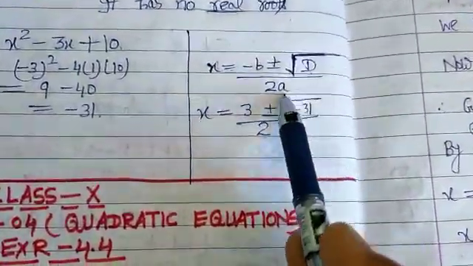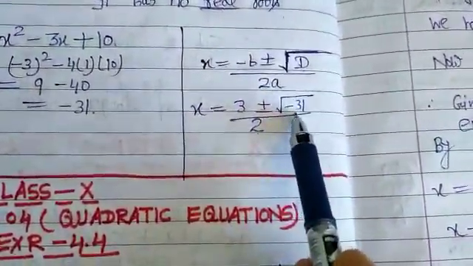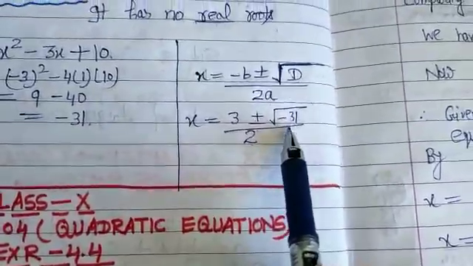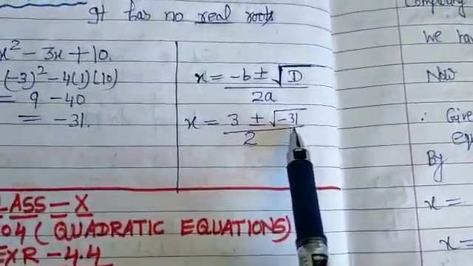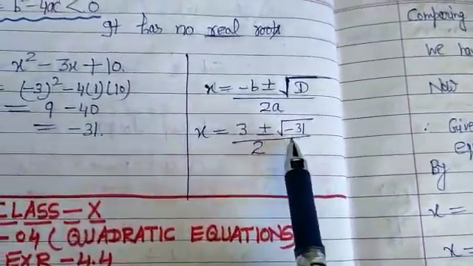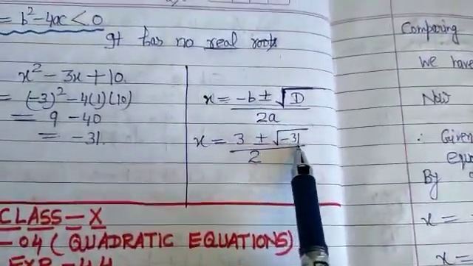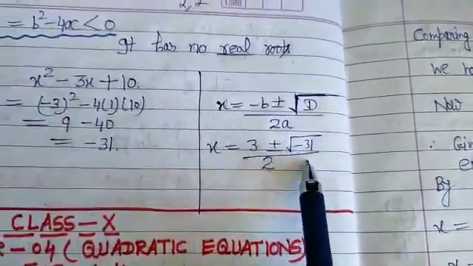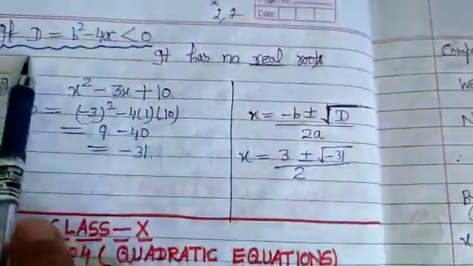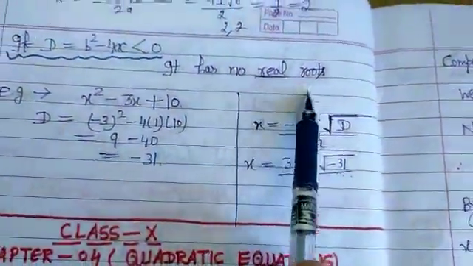So when there is a negative value inside the square root, my answer will not be real. Its answer is an imaginary value that you will discuss in class 11. So when inside the root there is a negative value, we will say that no real roots exist. So when the discriminant is less than 0, it has no real roots.